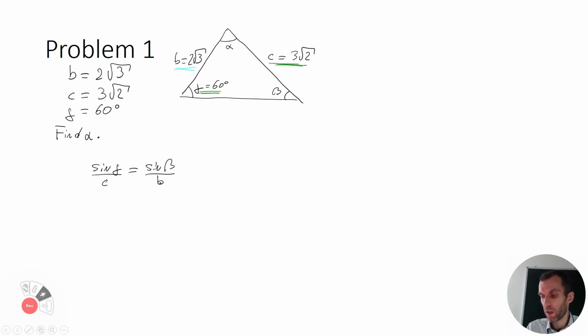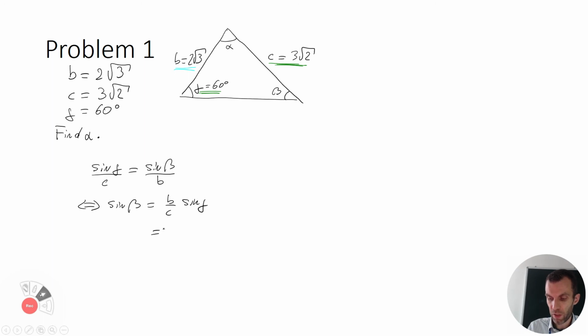So you might say, well, hey, it's alpha that I have to calculate, not beta. But sometimes you have to work a little bit indirectly. If we can calculate beta, then we know two angles of the triangle and we can find the third one. So let's plug in and see where this goes. I have sine beta is equal to b over c sine gamma.